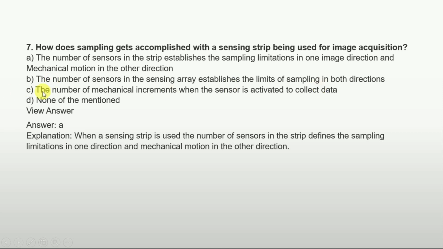And option C is: the number of mechanical increments when the sensor is activated to collect data. And option D is none of the mentioned. So the answer is option A, that is the number of sensors in the strip establish the sampling limitation in one image direction and mechanical motion in the other direction.